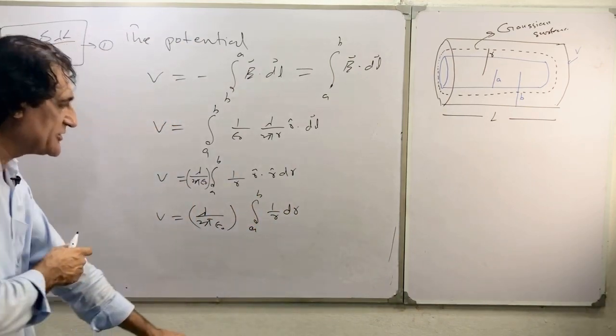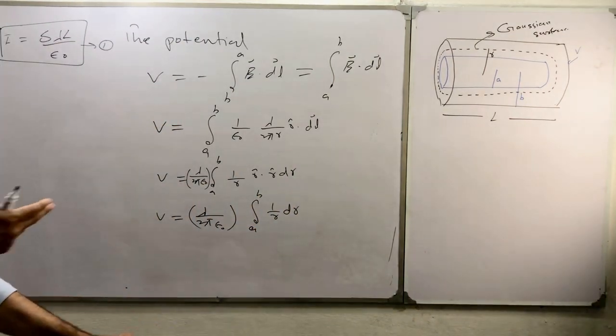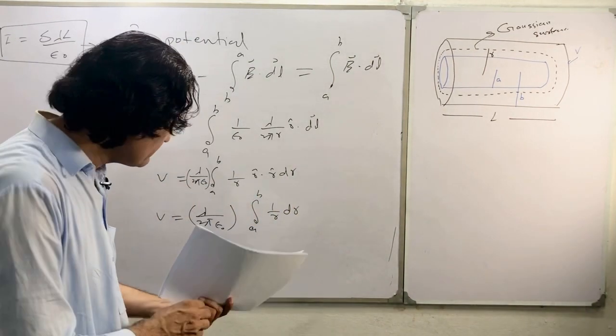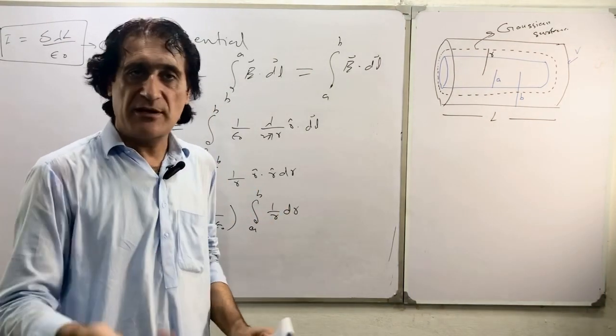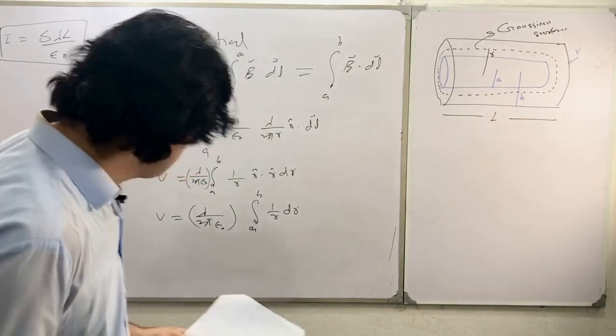The integration of 1 over r is equal to the natural log of r, and we will put in the limits.